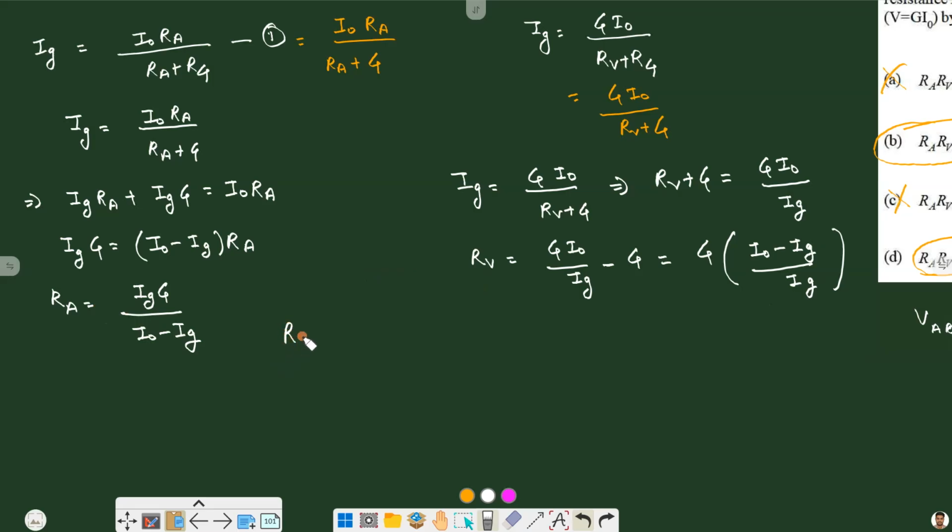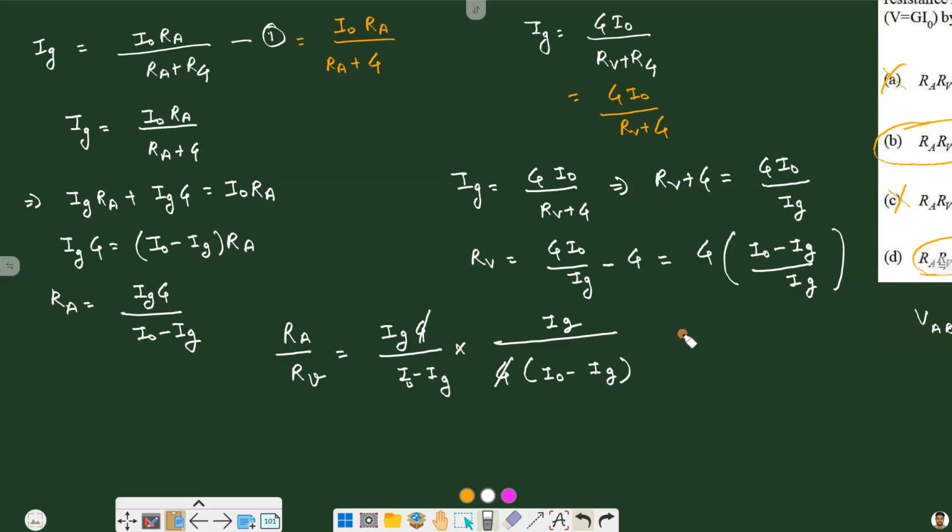So we will get Ra by Rv is equal to Ig G divided by I node minus Ig, here we will have G I node minus Ig with Ig. So G gets cancelled and we have here Ig whole square divided by I node minus Ig square. So it will be Ig divided by I node minus Ig whole square.